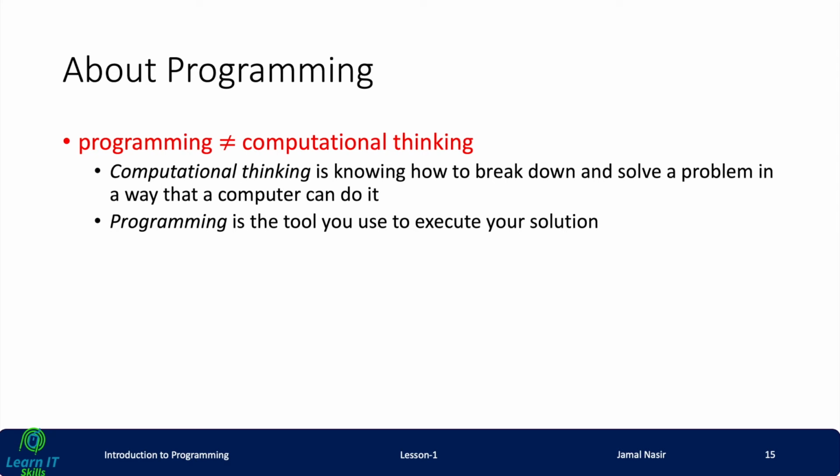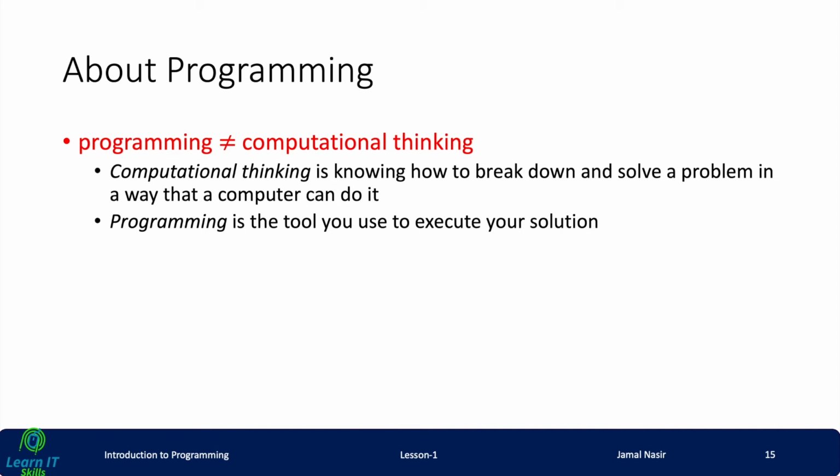It's some sort of logic, some sort of algorithm. You have to define it in steps, in some pseudocode in your own native language. If you cannot define a solution in your own native language, then obviously you cannot write that code in a programming language as well. So this is very important.